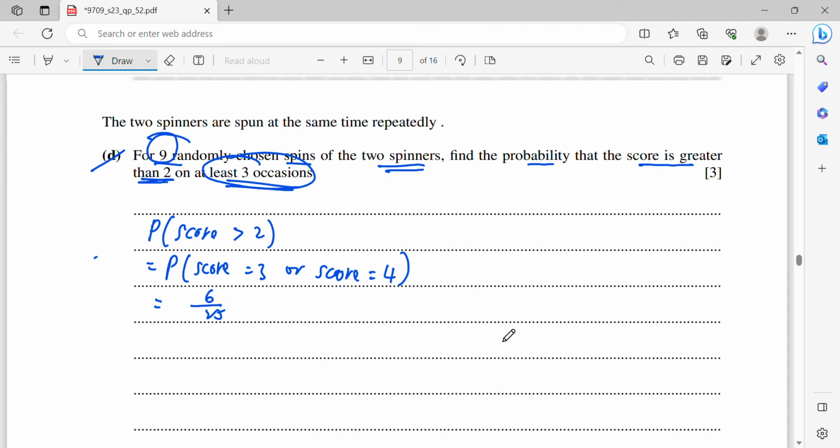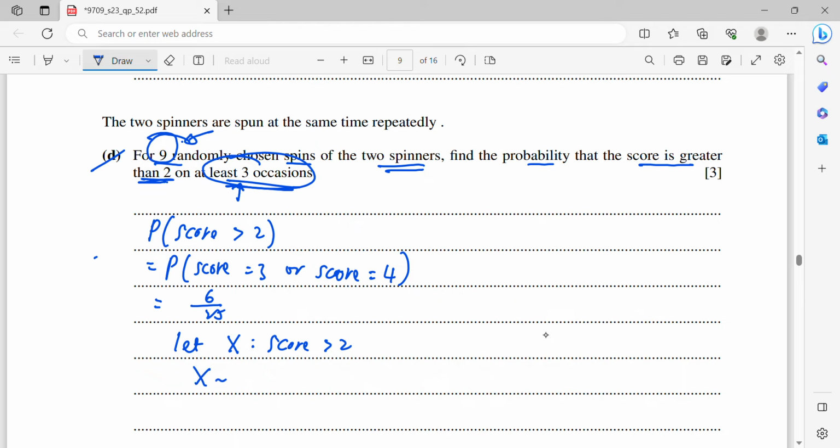Alright, so when you look at the question carefully, you run the experiment 9 times, and out of 9 times, you need to get at least 3 successes. Score more than 2 is considered a success. So obviously this is a binomial distribution. Let X be the score more than 2.